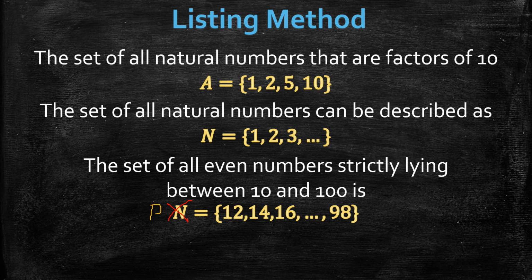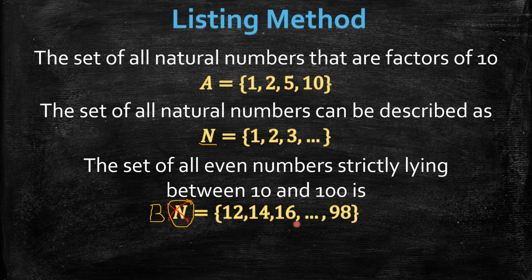Why is n wrong? Because n is already reserved as the set of natural numbers. B = {12, 14, 16, ..., 98}. This much is enough to show you the pattern which the elements follow. You can see every number is 2 greater than the previous. So if I want to know the next element of the set, I have to add 2 to 16 and I will get 18. 18 is the next element of this set.